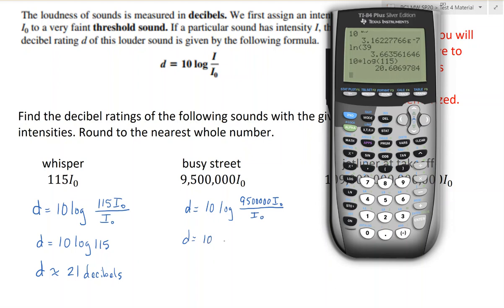So it's simply 10 times the log of 9,500,000, and there we get about 70 decibels.